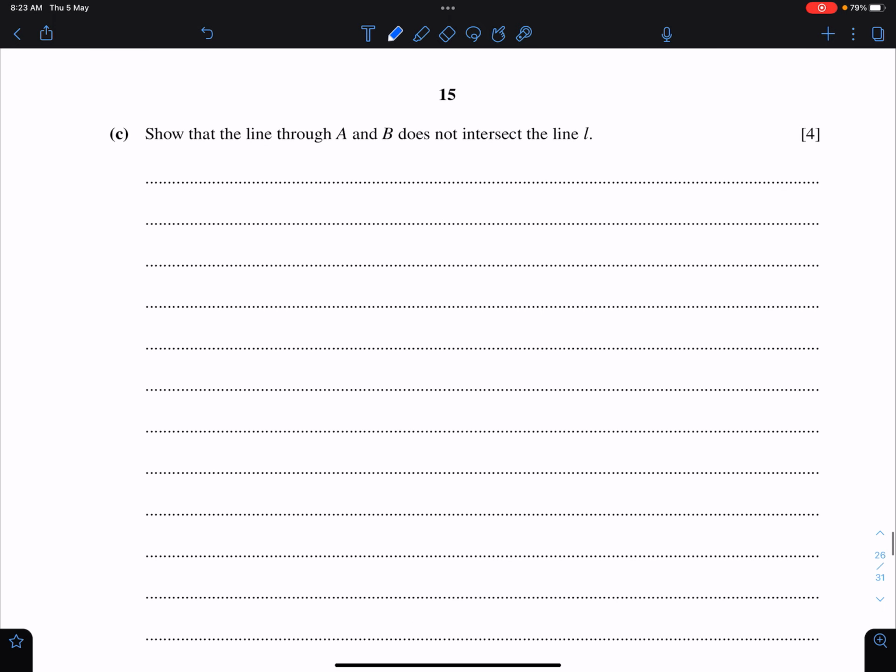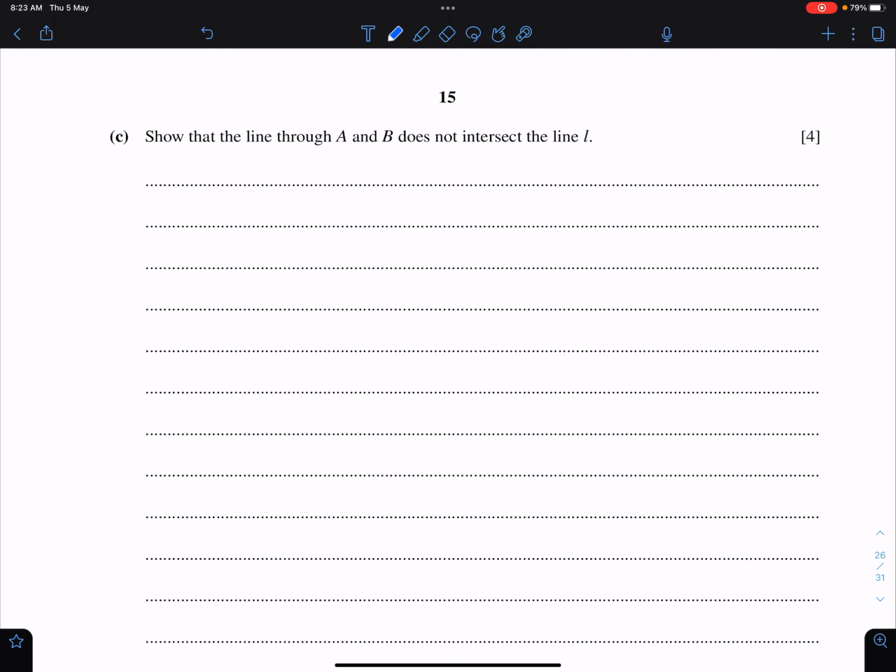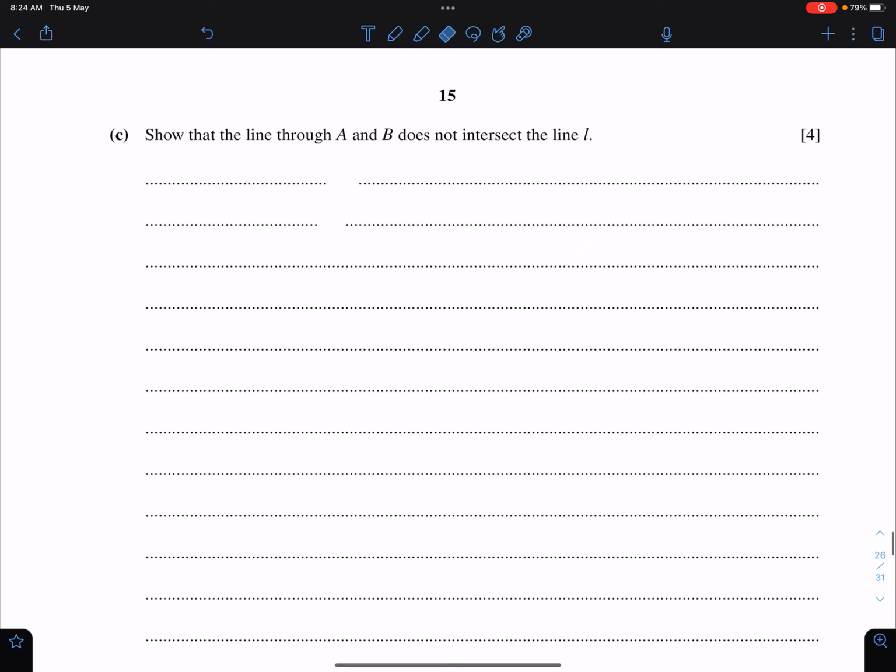The last part of this question. Show that the line through A and B does not intersect this line L. This is very simple. This means show that the lines are skew. So we need to equate the r's of both the lines.